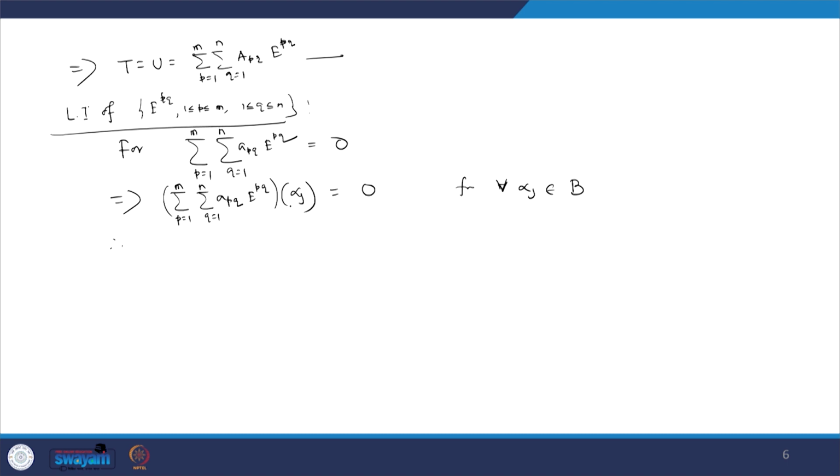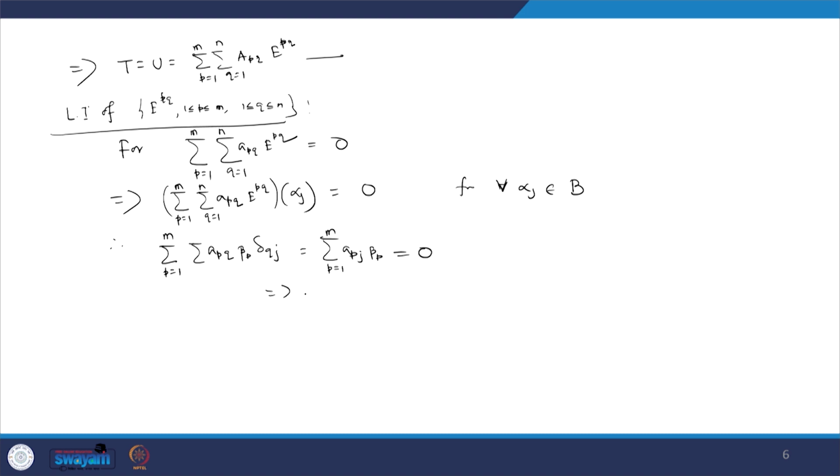So for a particular alpha j, what am I getting? This is equal to sigma P equal to 1 to M, sigma APQ and EPQ operating on alpha j, and we know this is equal to beta p into delta qj. So this is equal to sigma APJ beta p, p equal to 1 to m, which is equal to 0.